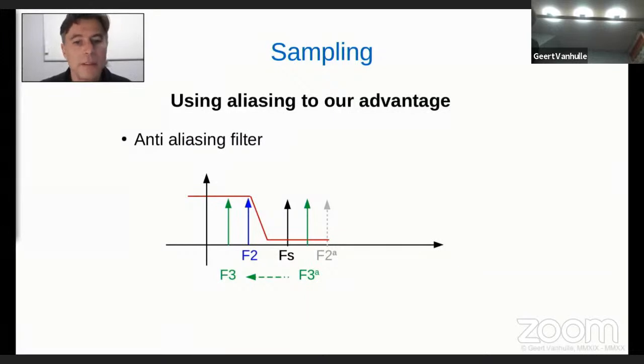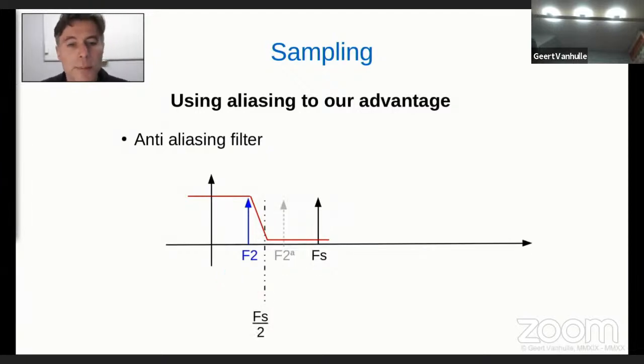So what we see is that these frequencies that are higher than the sampling rate shift towards our sample frequency, and they appear as a frequency closer to 0. So we have some kind of a linear mirroring of the frequencies above the sampling rate downward towards 0.